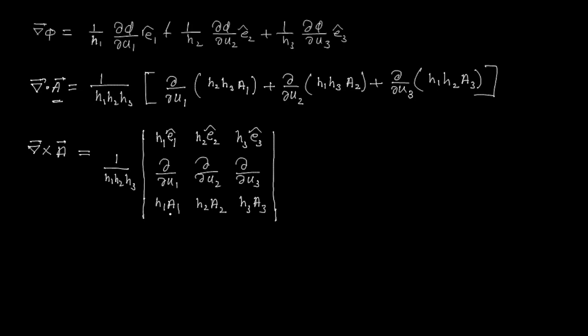And if it is given in cylindrical coordinate system, then this will be the rho component, this will be the phi component, this will be the z component. Okay, so using this definition, we can define the divergence and curl and gradient of a scalar function in different coordinate systems.